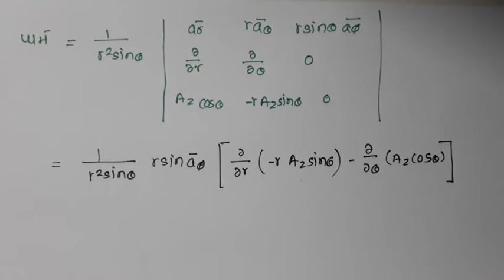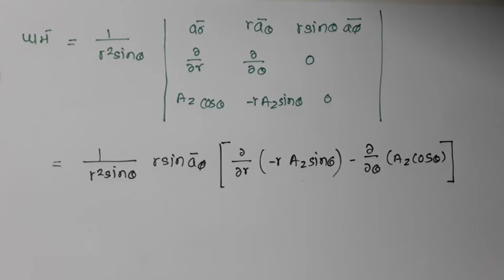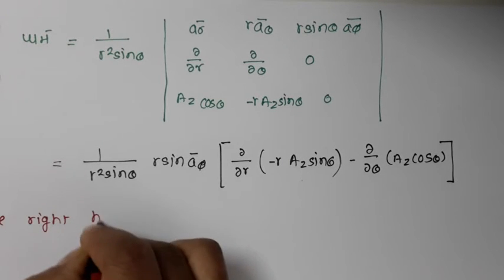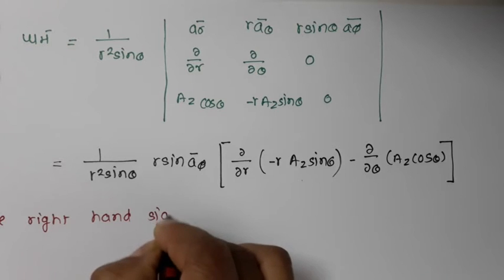The right hand side has only the A phi component, and the left hand side will have only the H phi component.